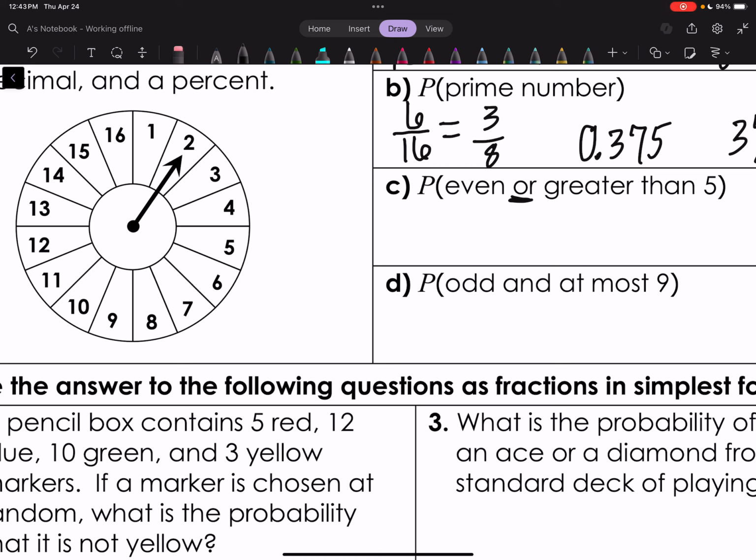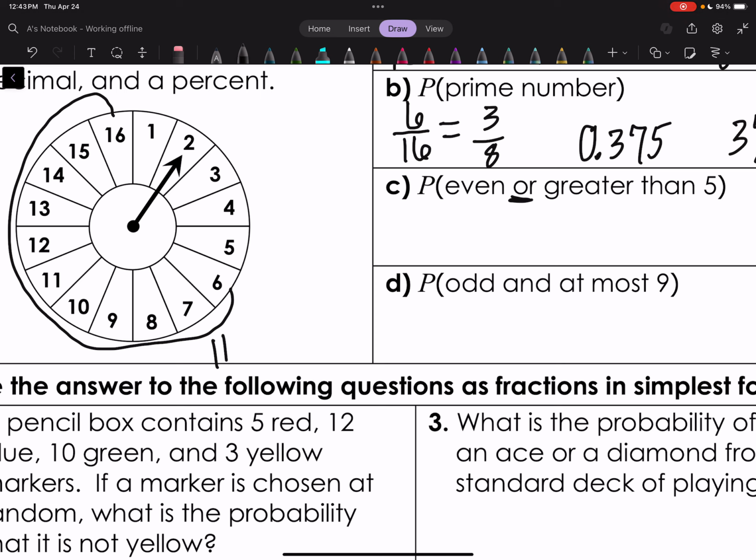But then greater than 5. Greater than 5 means I'm not including 5, but I'm including every number after 5. So I'm going to be including, because of that or, 11 numbers.